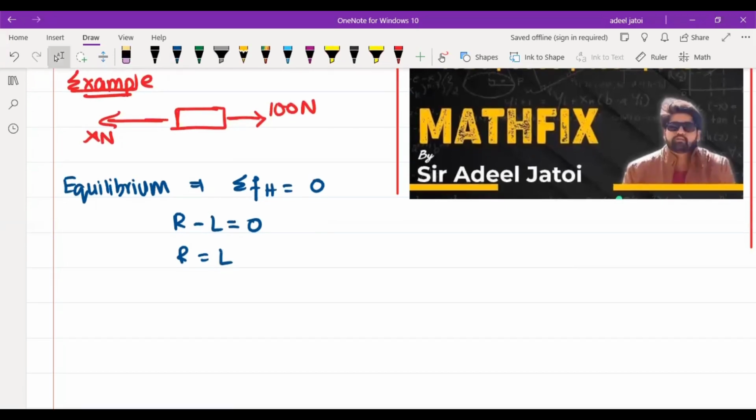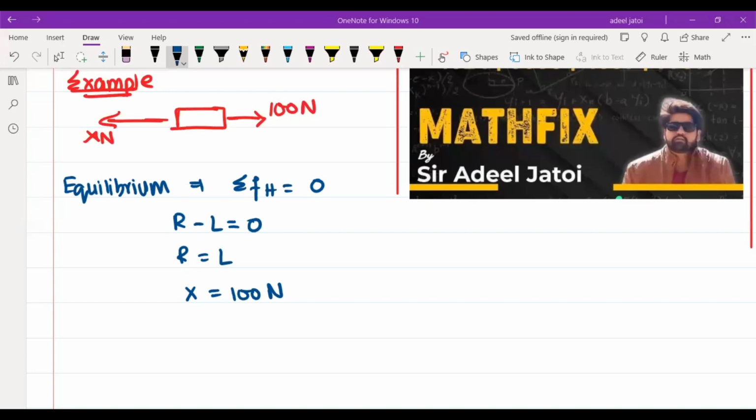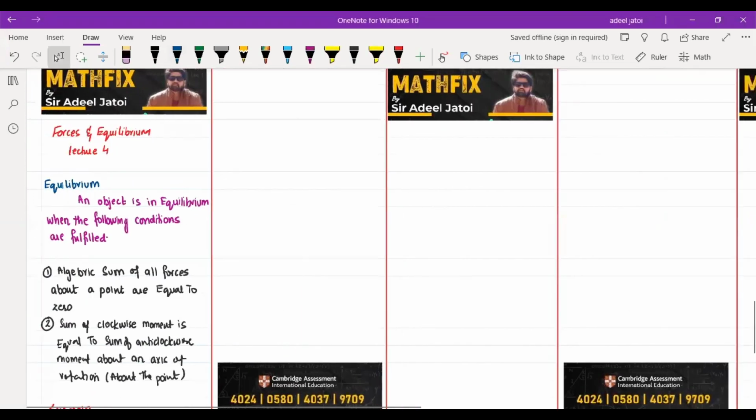So to have the equilibrium state, x Newton should also be 100 Newton, so that the object does not move. So the answer should be 100 Newton. So this was your horizontal force.